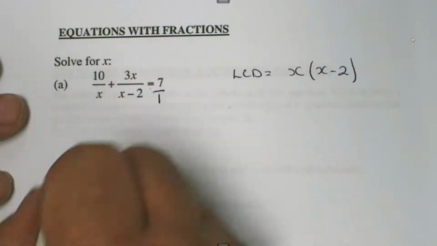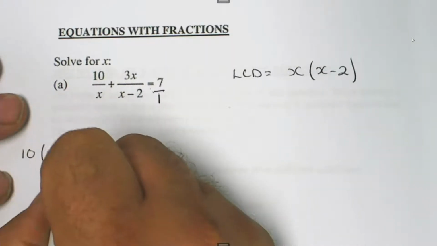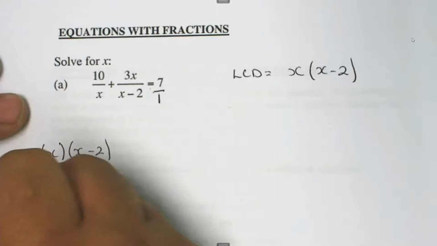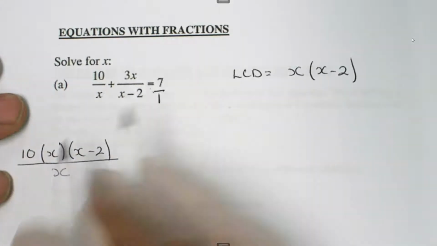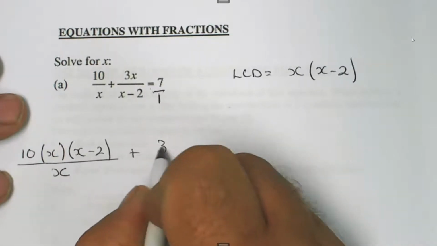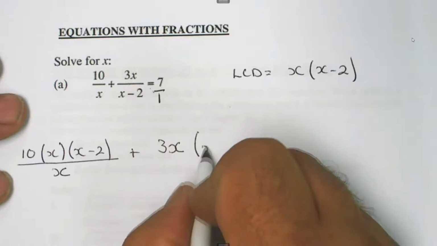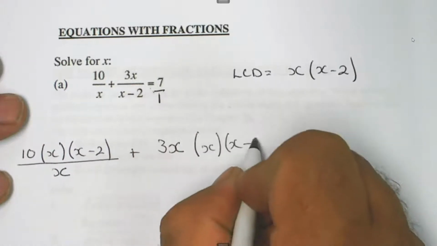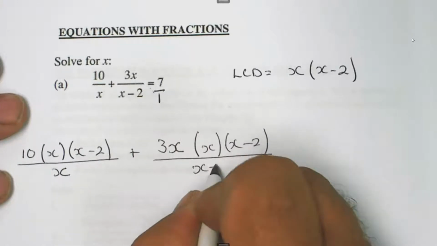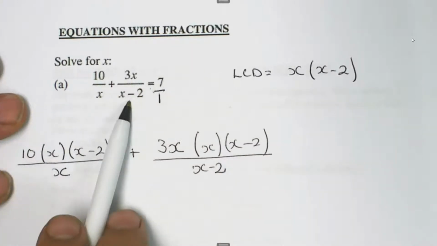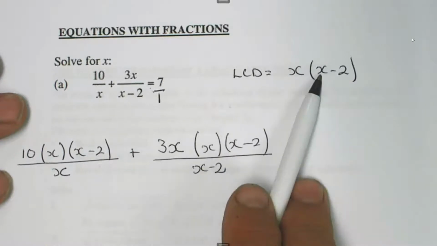So I multiply 10 by the LCD, which is x and x minus 2, right, over x. 10 over x multiplied by the LCD, plus 3x are multiplied by the LCD, so it becomes x minus 2 over x minus 2. So it becomes 3x over x minus 2. 3x over x minus 2 are just multiplied by the LCD.